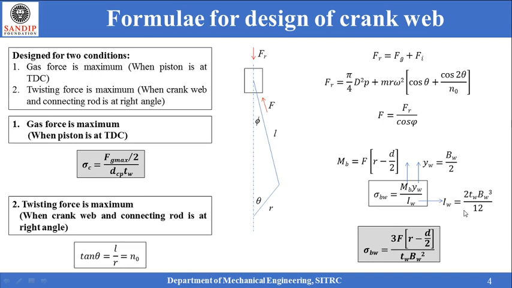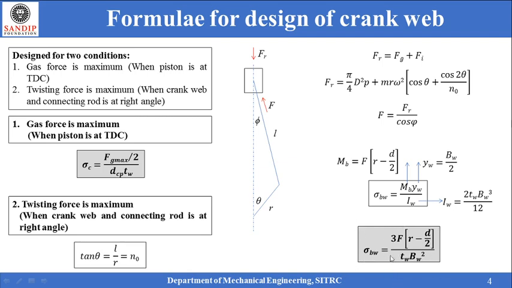For a rectangle, the area moment of inertia is dw Bw cube by 12. We have such two crank webs, so the thickness is appearing over here twice. By substituting all these equations, we will get the final bending stress in this fashion.